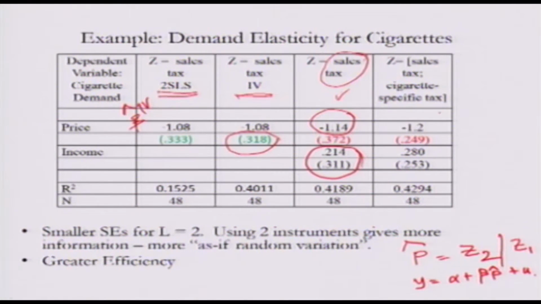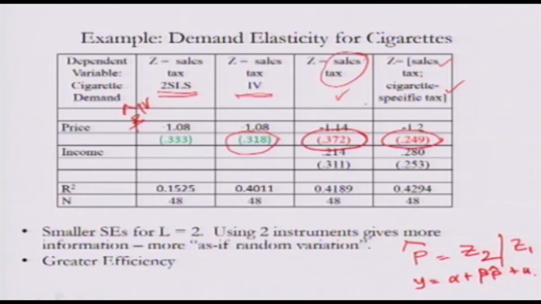Now we move on to column 4, where we have used both the sales tax as well as the cigarette specific tax. So now we are using a linear combination of the two IVs that we have, and that gives you an estimate which is roughly close to what you had in the previous column. But the most important thing to note over here is that the standard error is much lower than what you have in the previous column.